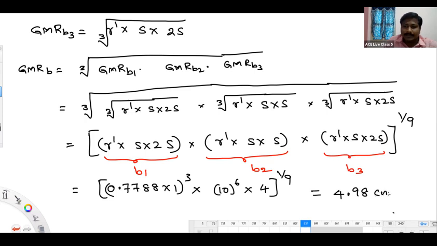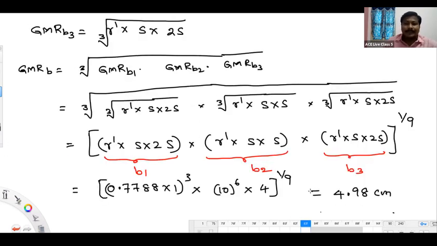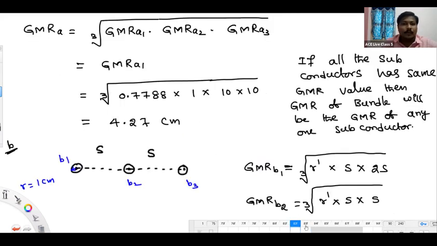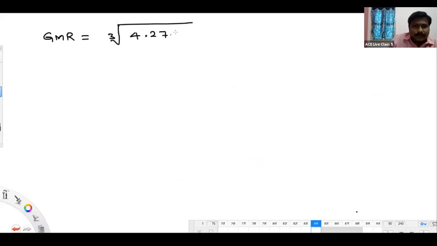Now you have to take the geometric mean of the GMR of phase A, 4.27, and the GMR of phase B, that is 4.98. This geometric mean will give the GMR of the system. Square root of 4.27 into 4.98. How much is this?